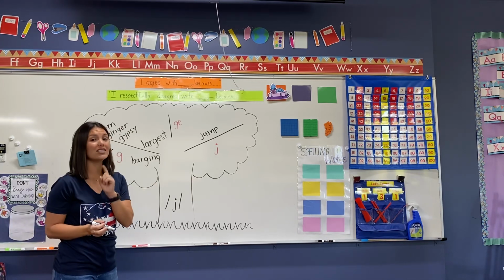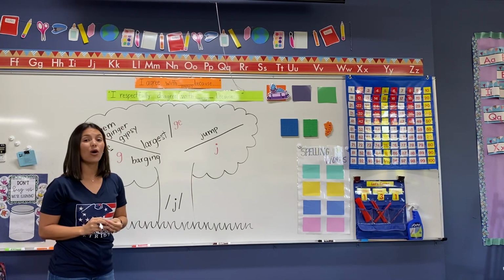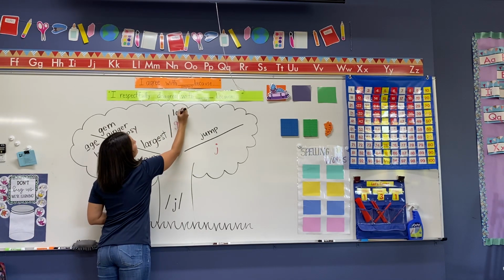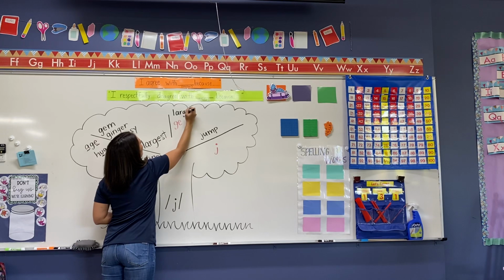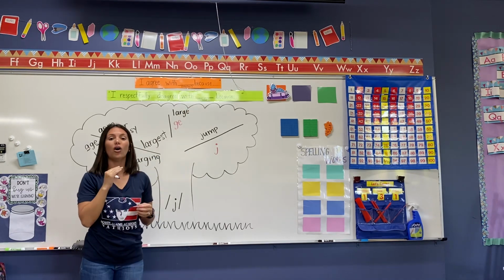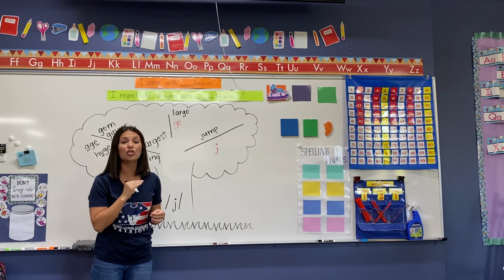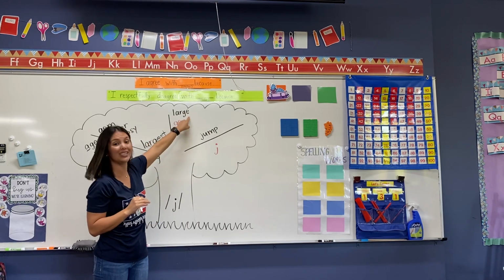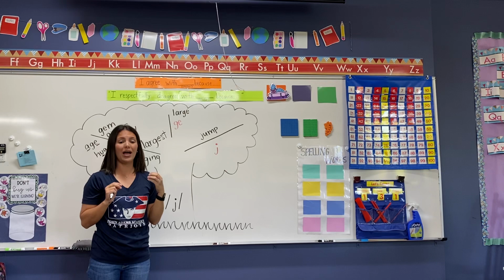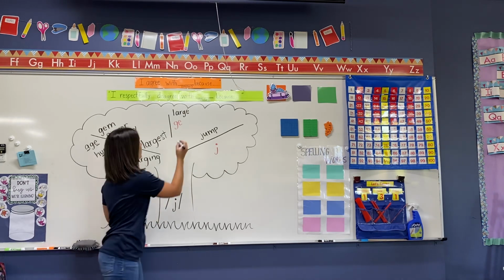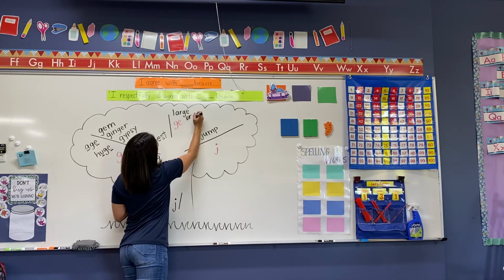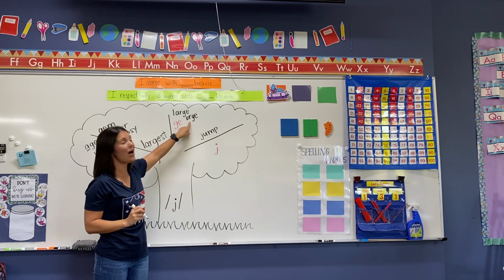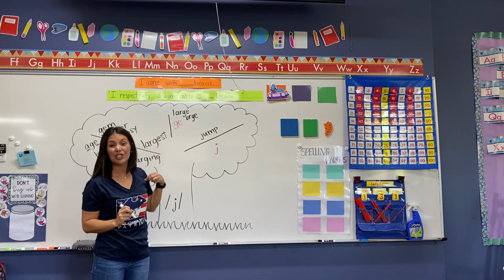The R is controlling, so you are going to add that GE. Large, you hear the R controlled vowel sound. So large, there's a GE, or the word urge. Urge, that's an R controlled vowel sound. So it ends in the GE.